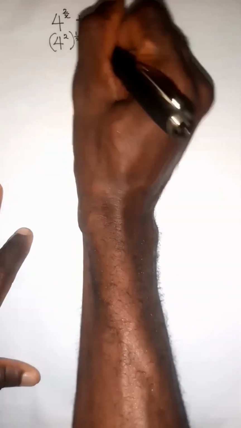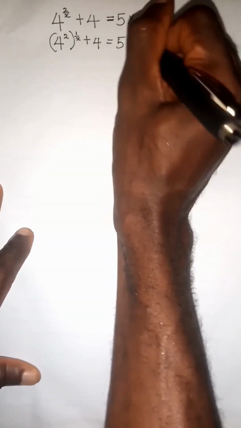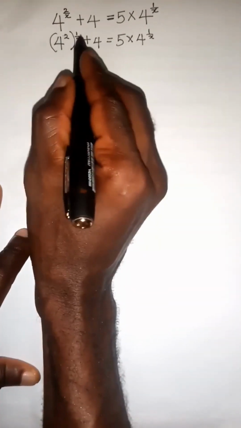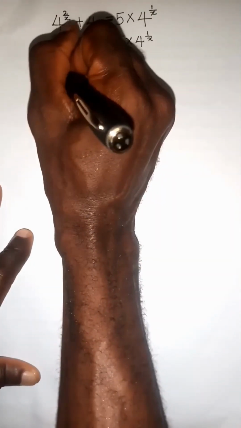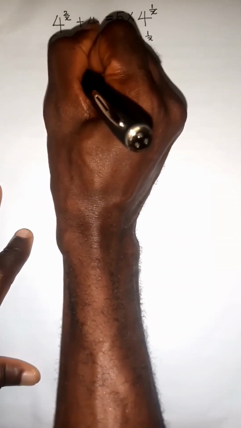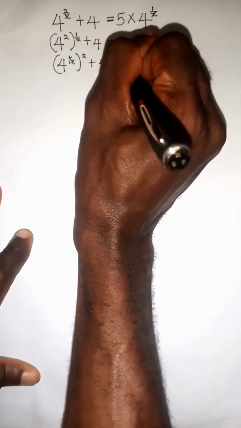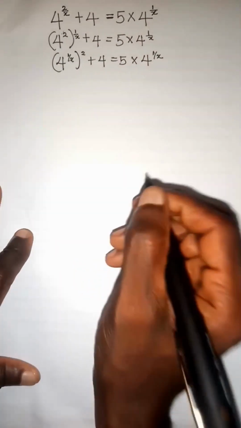And that plus 4 equals 5 times 4 to the power of 1 over x. Then we can swap the exponents to give us 4 raised to power 1 over x all squared, plus 4 equals 5 multiplying 4 to the power of 1 over x.